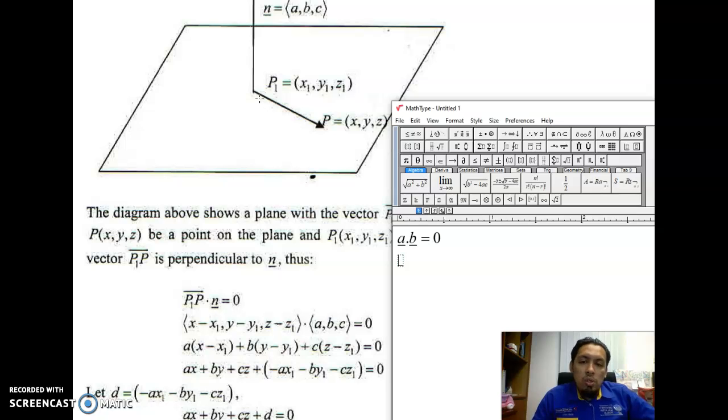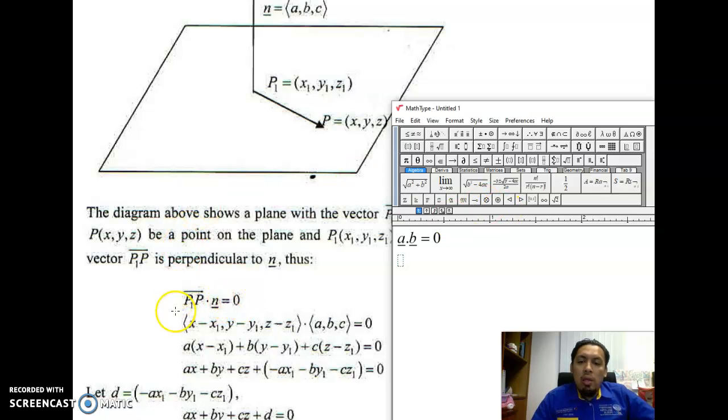So we are going to make sure that the dot product is 0, so that we get a 90 degree angle, where you can see this vector will really lie on the flat surface of that plane. That's why we are going to use this. So a dot b equals 0, or in our case P1 to P dot n equal to 0.